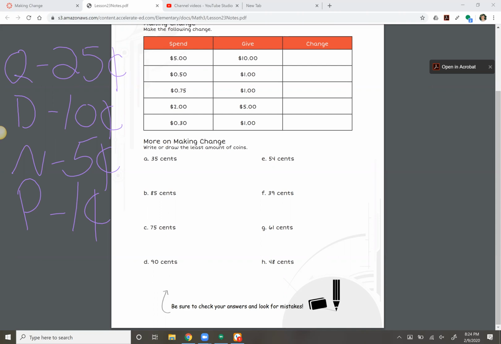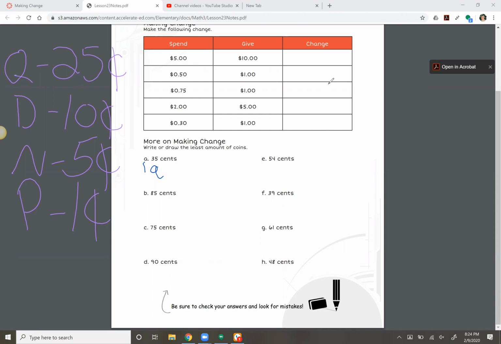So let's start with 35 cents. We're going to count up. So 35 is bigger than 25, so we could definitely say 1 quarter. So 1 quarter, that would be 25. Then we need to get to 35.